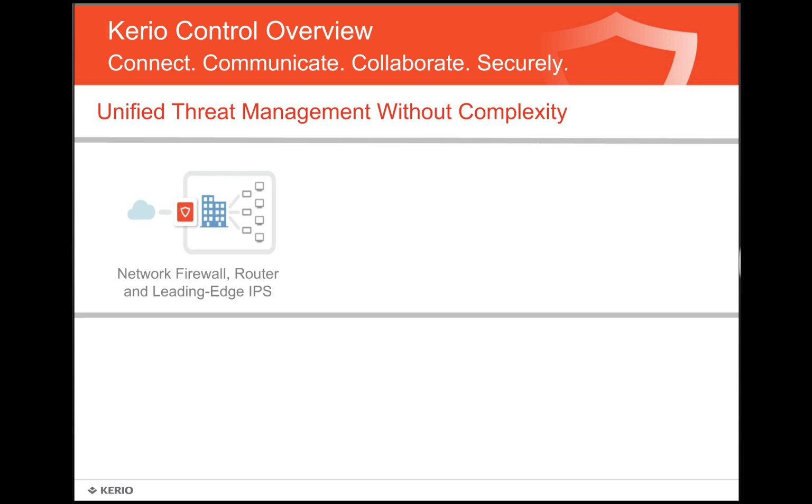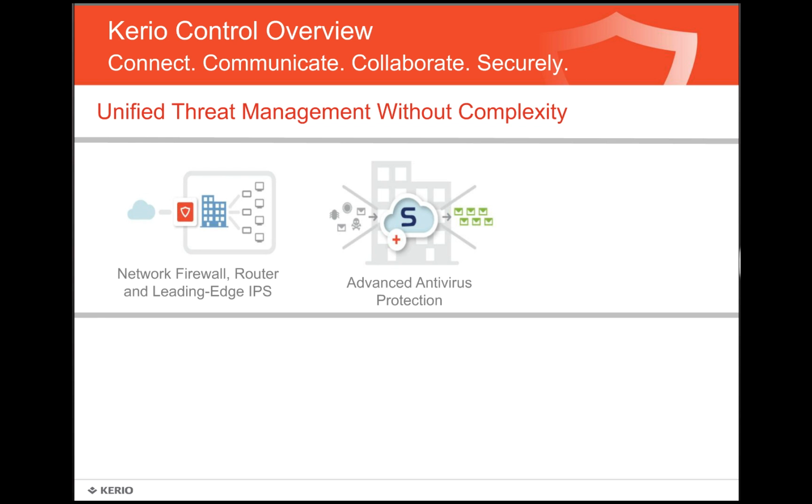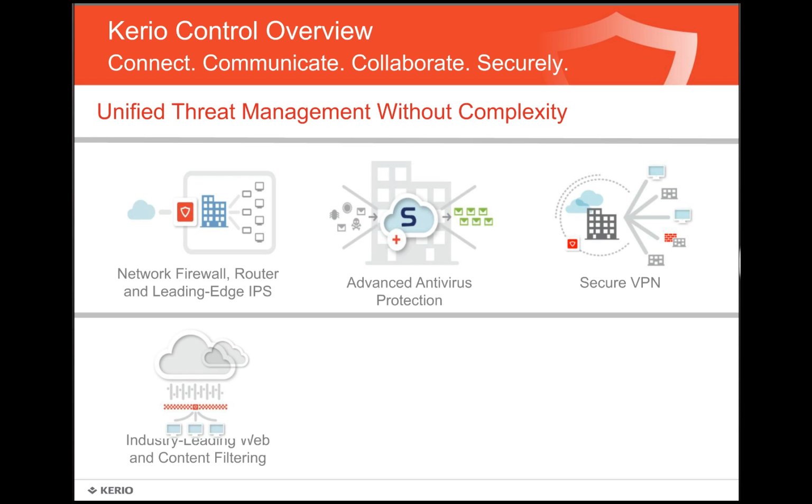So first, to give you a quick overview of Kerio Control itself, for those who are not familiar with this product. It's a network firewall and router with a leading edge intrusion prevention system. It has included advanced antivirus protection. You can have secure VPN. This is included in all our Kerio Control products at no extra cost.